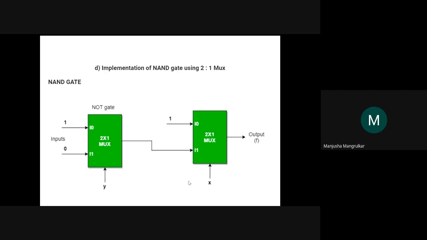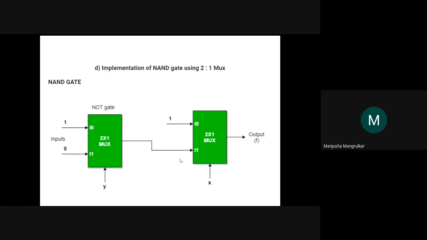If x is equal to 0 and y is equal to 0, the output is 1. If x is equal to 1 and y is equal to 1, the output is 0. It is the complement of y. So suppose my y is 0, what comes? 1. And when y is equal to 1, it comes as 0 on this line, and x is equal to 1 means this output will come here.